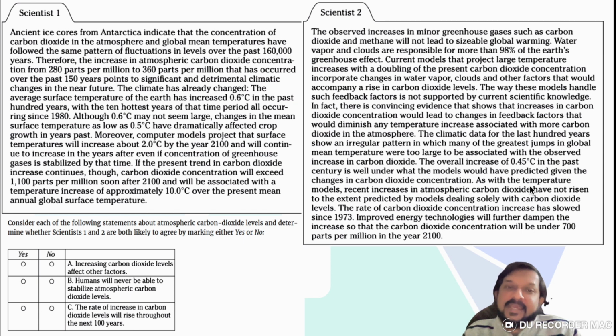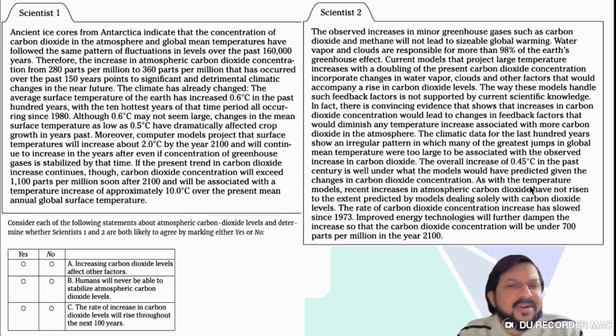One of them is saying that it is going to be disastrous and it is going to be increasing and so on, whereas scientist 2 is fundamentally saying that while everything is agreed, there is a stability that is coming and there is no direct correlation and something like that. Okay, so I hope you have made notes.